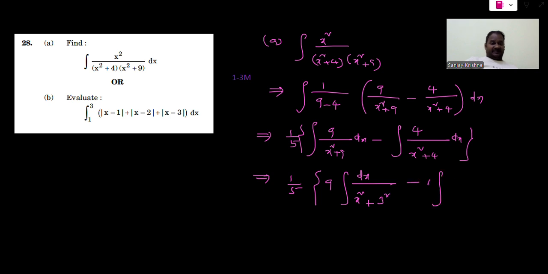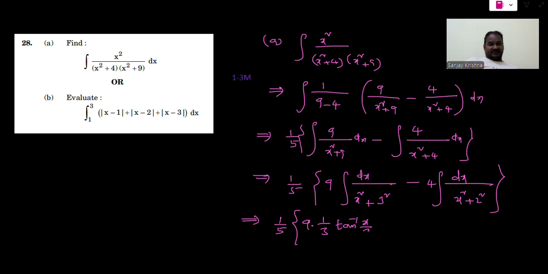Similarly, minus integral dx divided by x square plus 4, which can be written as x square plus 2 square. So both of them are in which form? dx by x square plus a square. What is the formula for dx by x square plus a square? Yes, 1 by a tan inverse x by a. So 1 by 5 is outside, 9 into, for the first fraction, 1 by a tan inverse x by a.